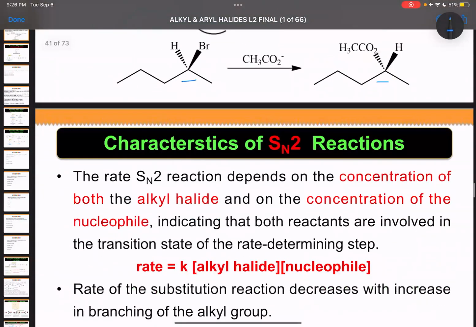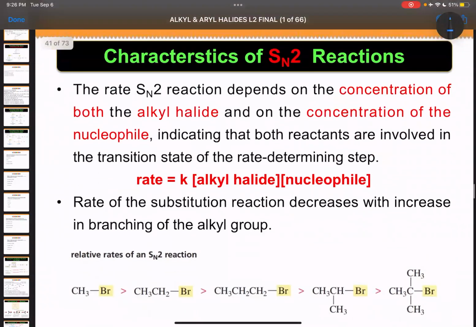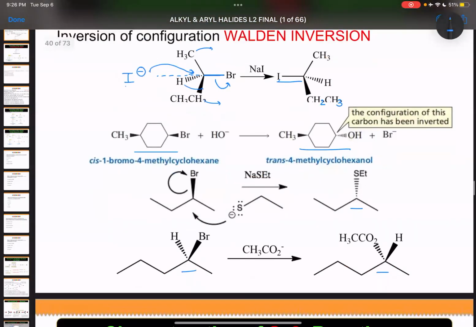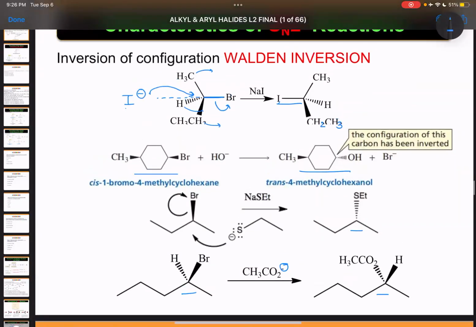So this is the characteristic of the SN2 reaction. Can you show that last reaction? Yeah. So this is the acetate, which is the nucleophile. It comes in and attacks from the backside. Backside is the side opposite to the leaving group, and that is compulsory because you are doing SN2.